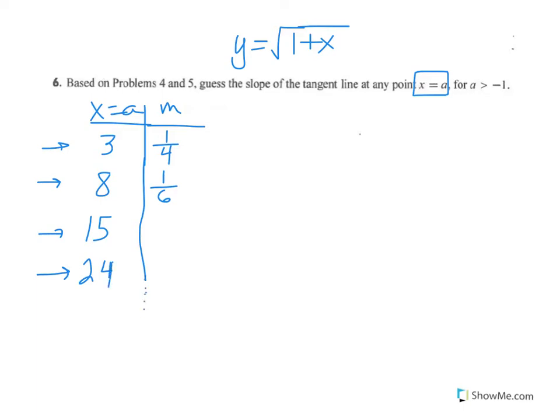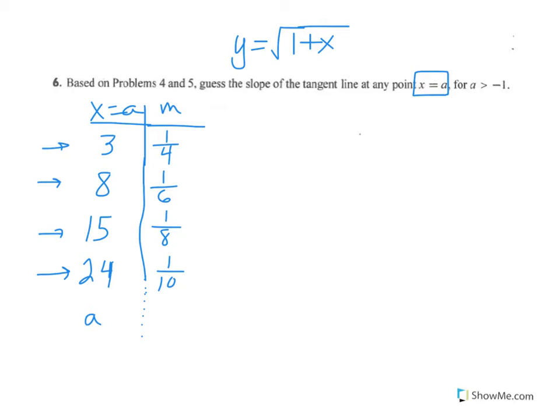You don't have to go through all of them, but you could just jump right to 0.2 above and 0.2 away, like the last couple cases, to explore what the slope is, but that might give you an idea of what x equals a might be. If you were to explore these, you should get an answer of 1/8 for a slope at 15, and then at x equals 24, you should get a slope of 1/10. So notice there is a pattern to explore here.